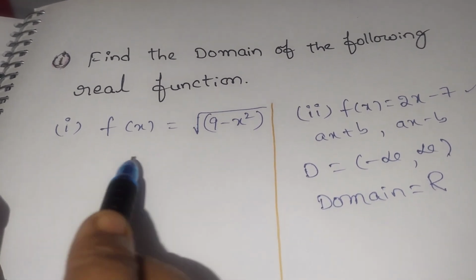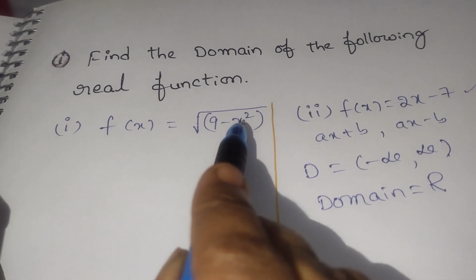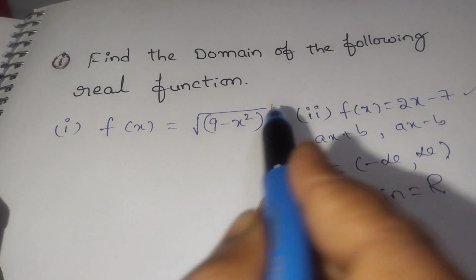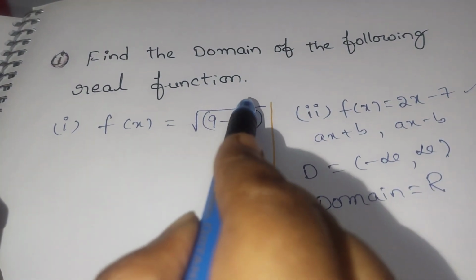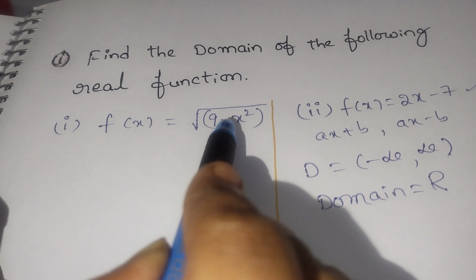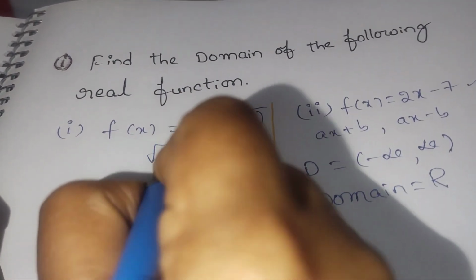f of x is equal to square root of 9 minus x square. So if we observe, it's not a simple function. This function is under the root. When the function is under the root, suppose you take a negative for this function, negative root is not a real number. It's not defined.